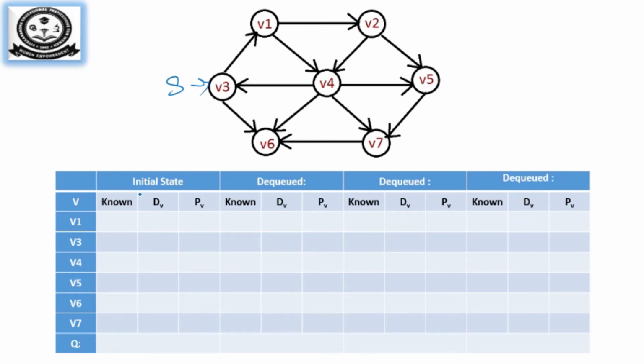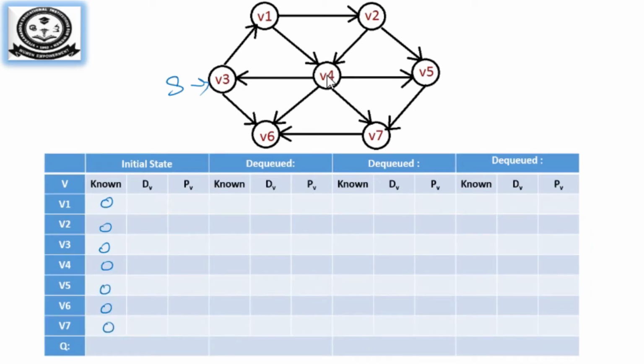So what are known, DV and PV? Known vertex is nothing but whether the vertex is visited or not. If it is 0, it is unvisited. So initially all the vertices are 0. The first step is, we know that no vertex is visited, so we make the known value 0.